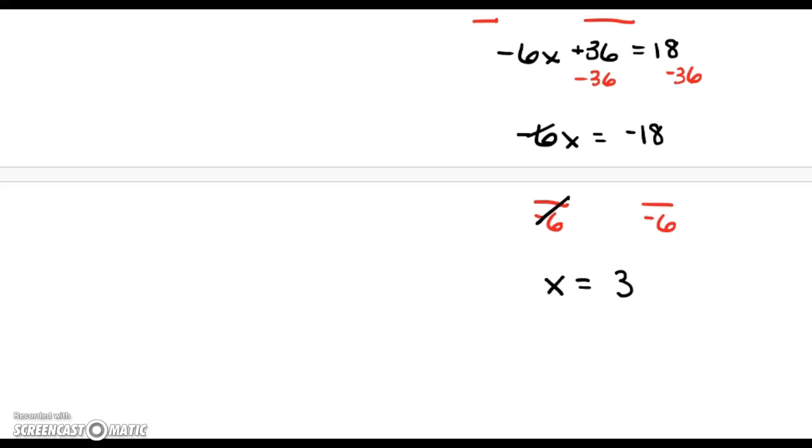So in order to find our y-coordinate, you're just going to choose one of those original equations, and then we're going to substitute in 3 for x. So the third step here is to find y. At this part, it doesn't matter which equation you choose, just make sure obviously to do your work right.